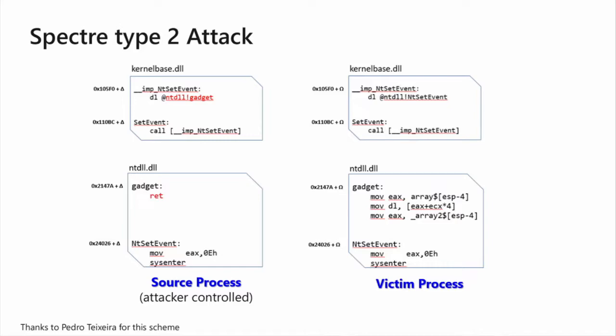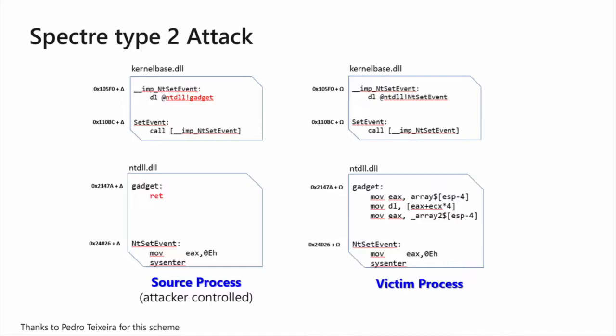The point is that, first, you replace an indirect call, in this case like NT-set7, with an indirect call to your gadget, and you start to train the branch predictor. In this example, I have written the virtual address added by a delta and gamma value, because as we have seen, it's important that the index is equal, not that the virtual address is exactly the same.